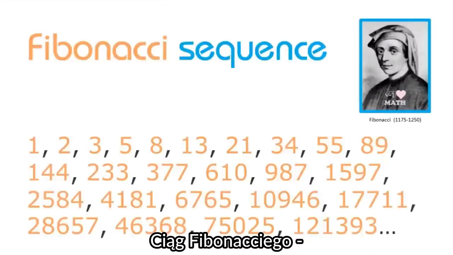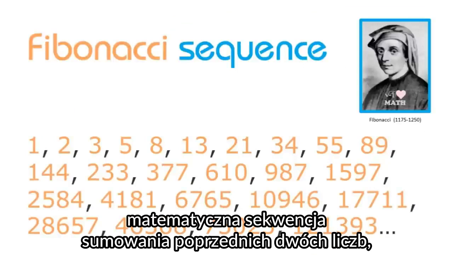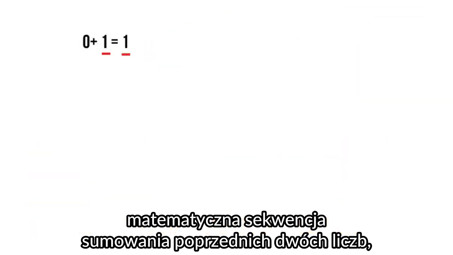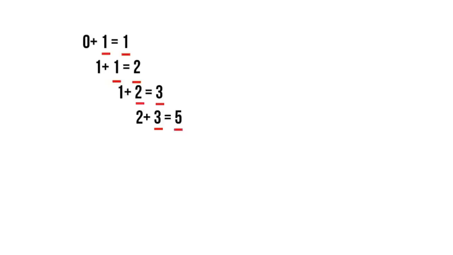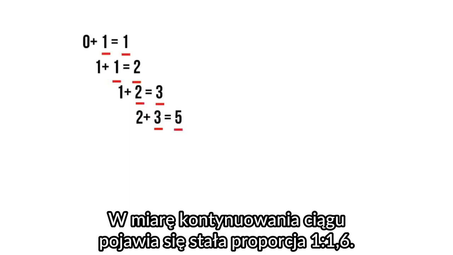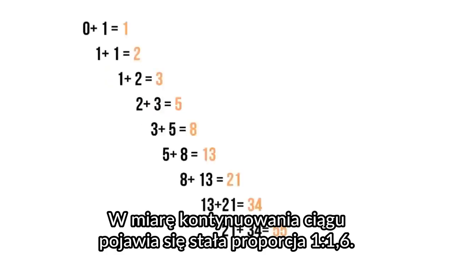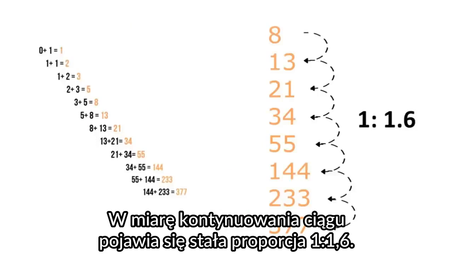The Fibonacci sequence is the mathematical sequence of adding the last two numbers that came before, starting with 1. As the sequence continues, a constant ratio of 1 to 1.6 appears.